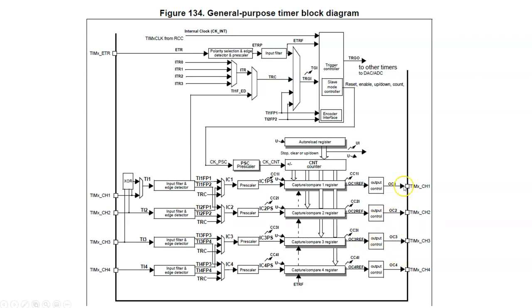Now, connected to each of the channels are specific registers. So a capture, which is related to the input data coming in, a compare, which is related to the output. Okay, so we have a capture/compare register, and there are 4 of them.